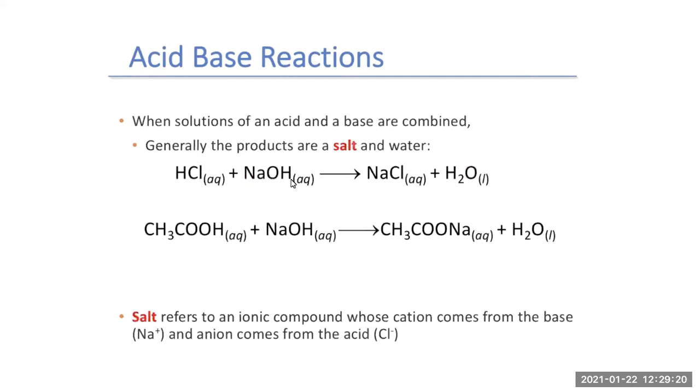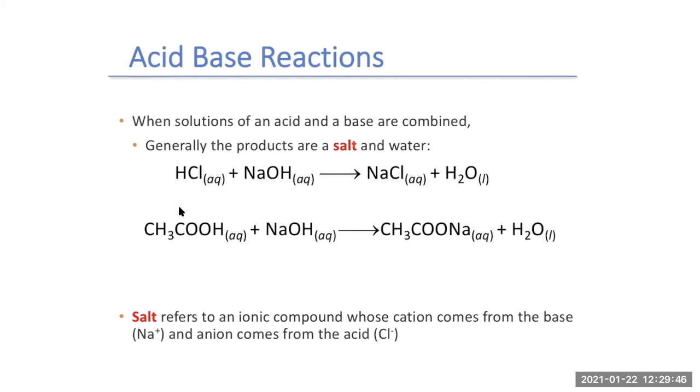Let's look in a little closer. As our example showed, we have HCl and sodium hydroxide, gives you sodium chloride plus water. So as I said, the products give you a salt plus water. That salt actually refers to any ionic compound. It doesn't have to just be sodium chloride, it's any ionic compound.